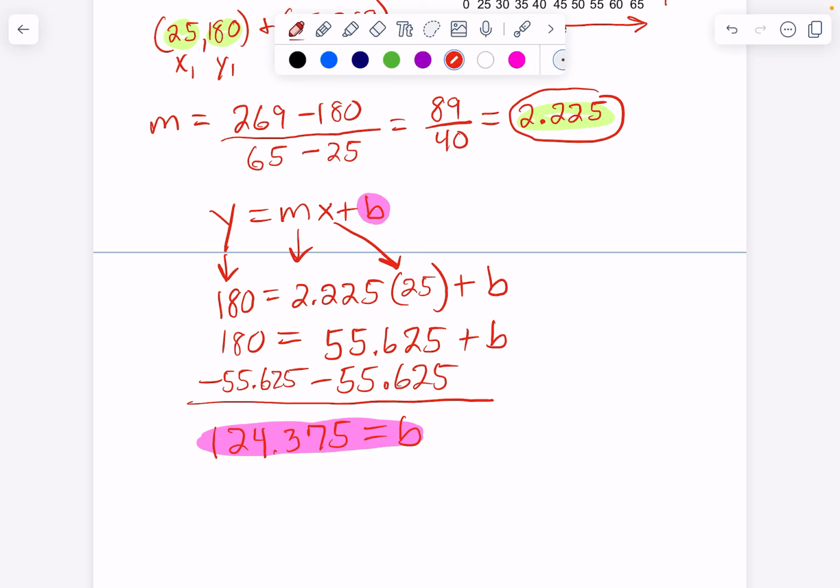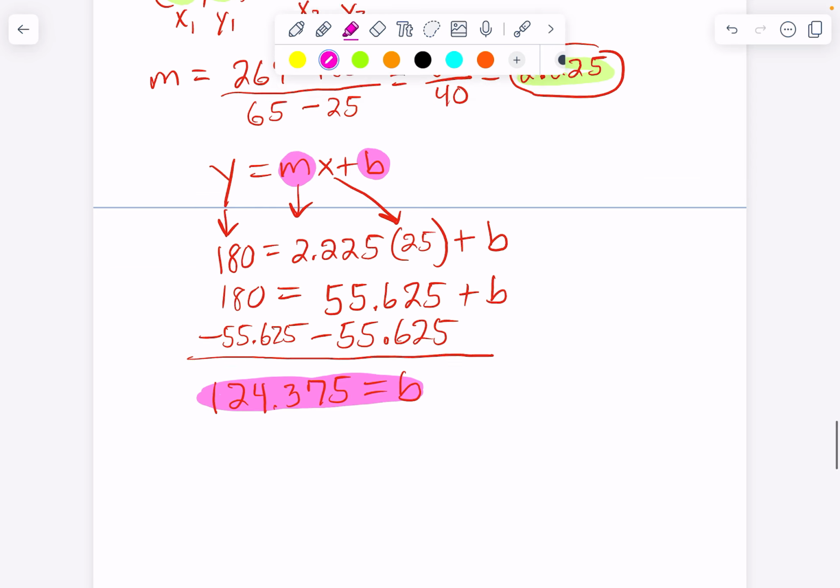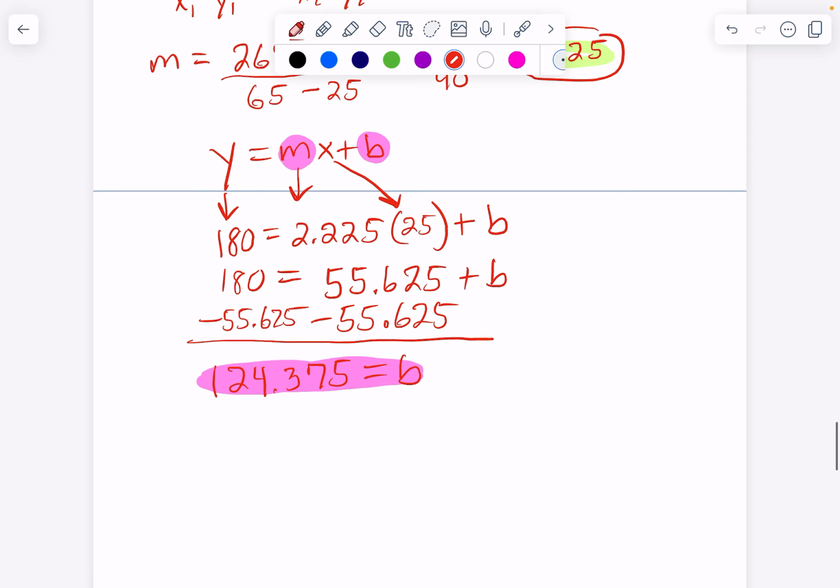So remember, when we're writing a linear function, it's y equals mx plus b. The m and the b are the fixed values. The x is independent and the y is dependent on that x. So my function would be y equals m of 2.225 times x, which is my age, plus my b of 124.375.